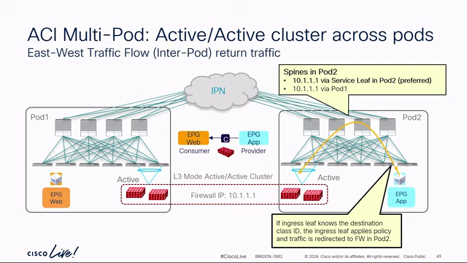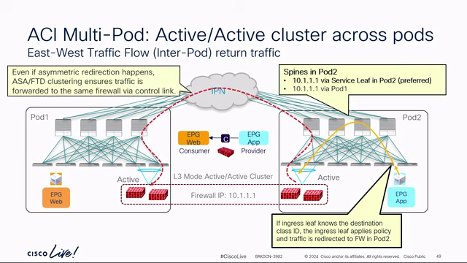If it's an independent firewall, the firewall in pod 2 will drop traffic, but thanks to the ASA FTD active-active cluster, they have another link called the control link, so they know who is the owner of this flow. So by using the control link, they forward the traffic going back to the firewall in pod 1, which originally saw the incoming traffic. Then traffic is going back to the web endpoint nicely.